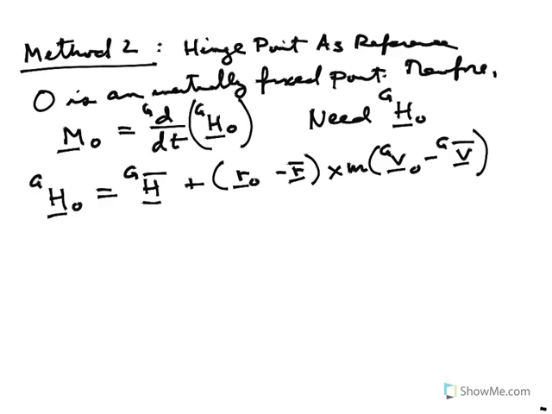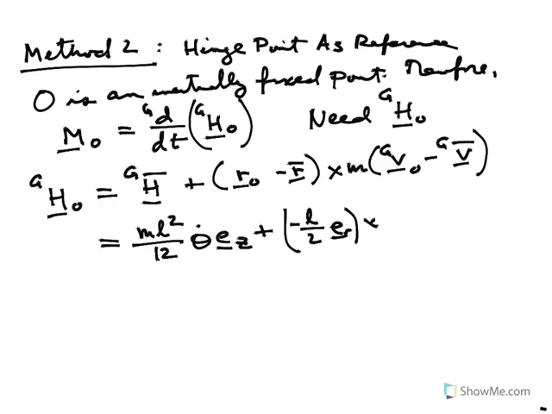But we already have the angular momentum relative to the center of mass. It's equal to ml squared over 12 theta dot EZ. Now, for these other terms, RO minus R bar is equal to minus L over 2 ER, and then it's crossed with M. Now, the velocity of O is 0, and the velocity of the center of mass we already derived to be L theta dot over 2 E theta.